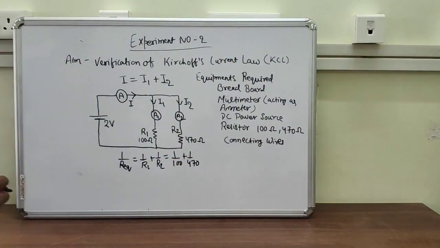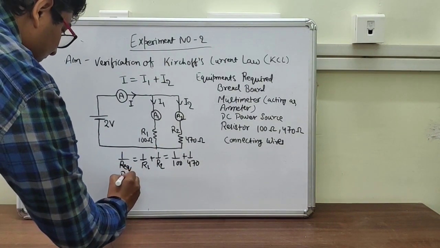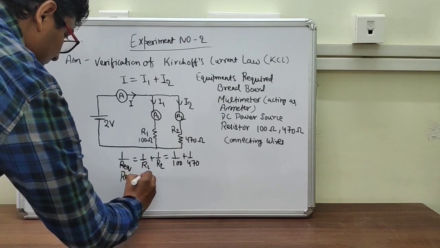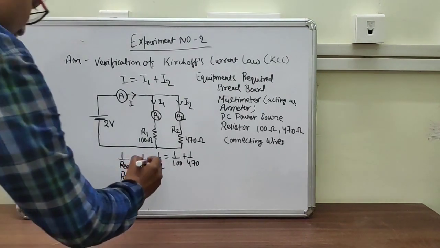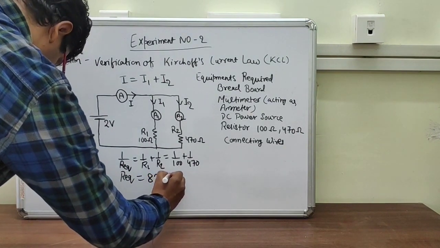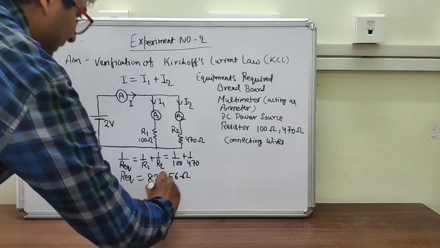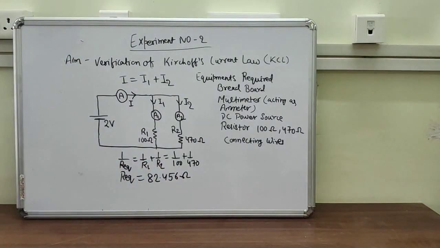When you find the net value, you will get R equivalent to be 82.456 ohm. Approximately this would be the net resistance present in this circuit.